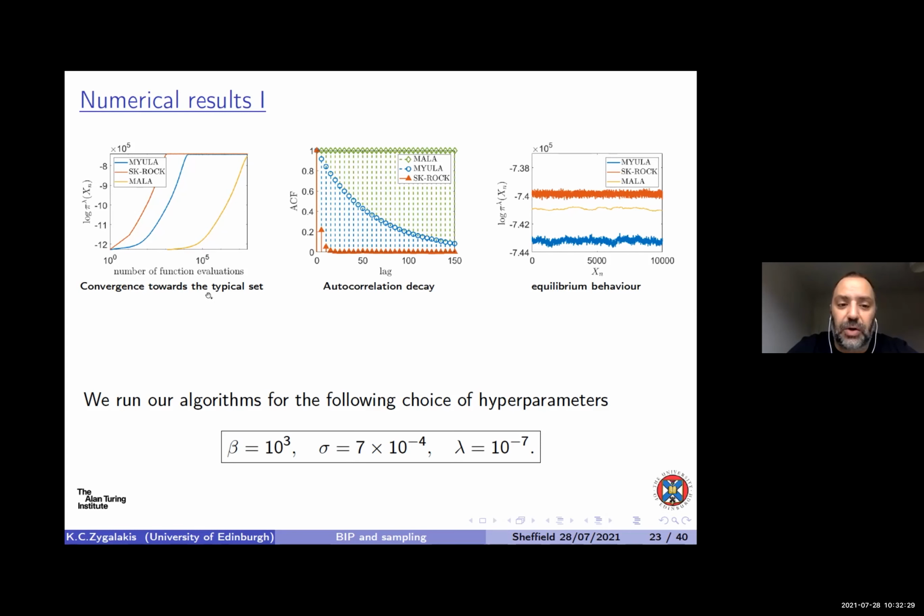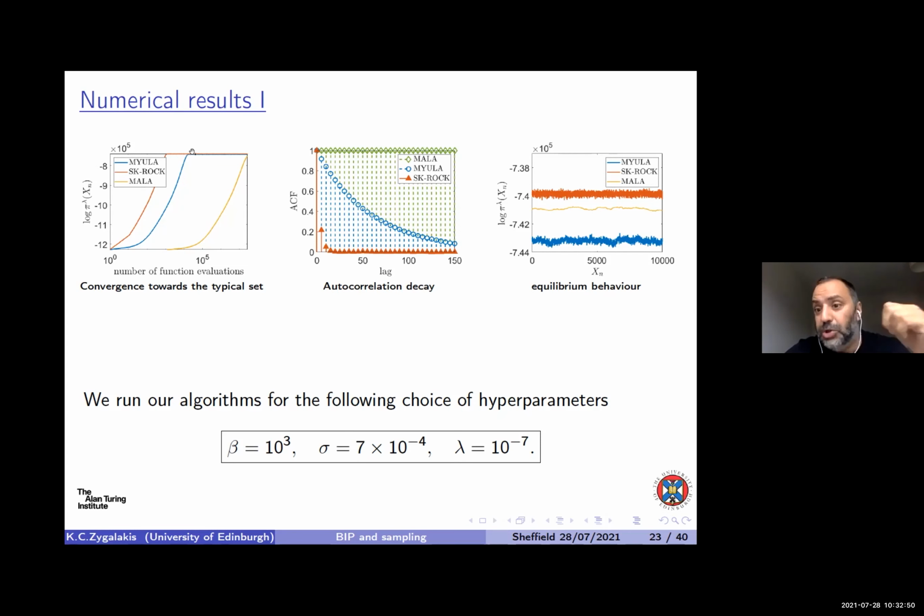So what you see here on the left is the convergence towards the typical set of the posterior distribution as a function of the number of function evaluations. And as you can see, out of the three methods that I have described here, SK-ROC is by far the one that converges the fastest, okay?